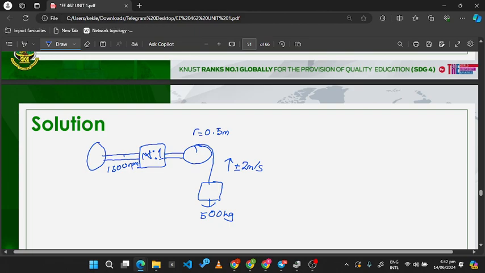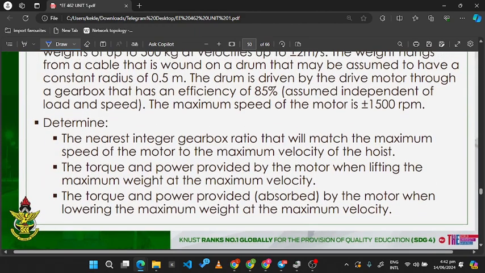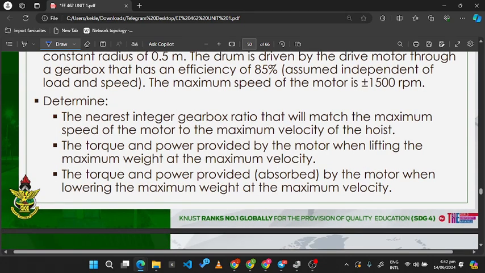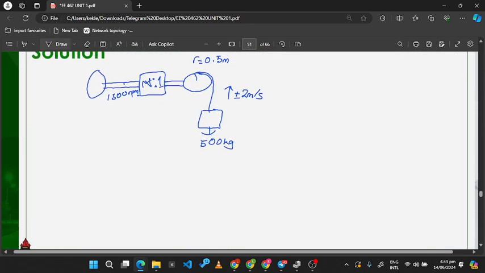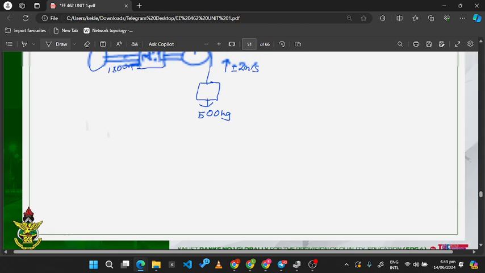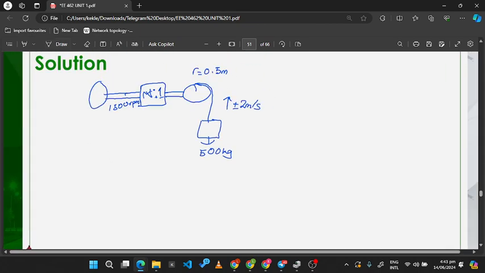And for any other information, we have an efficiency of 0.85.